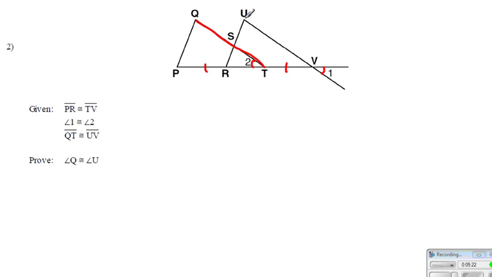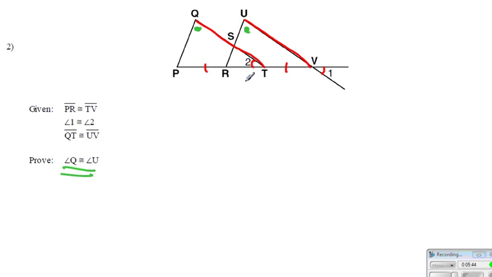TQ also must be congruent to UV. Now, can you imagine the pair of triangles which we have to prove to be congruent? Because ultimately we have to prove that angle Q is congruent to angle U, right over here. How would you do it?